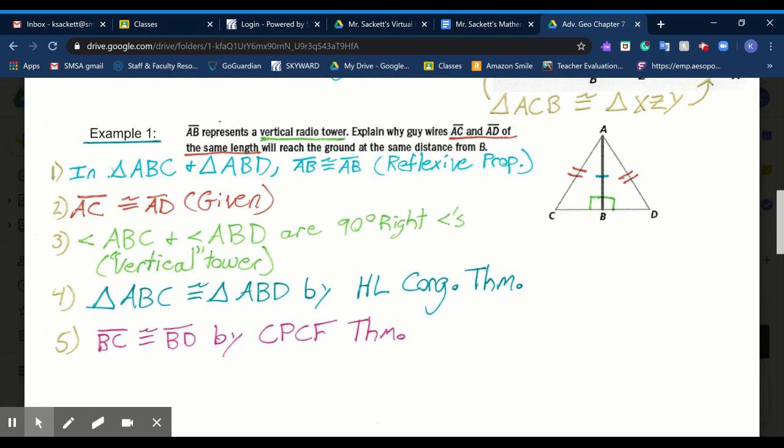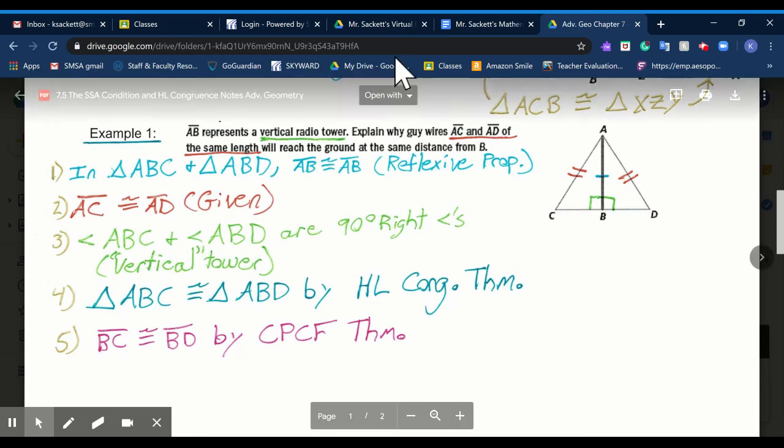In math, if something's vertical, that implies that wherever it meets the ground, it is a 90-degree angle. They want us to explain why the guy wires AC and AD of the same length, which is another key piece of info, so we know AC and AD are congruent, will reach the ground at the same distance from B.